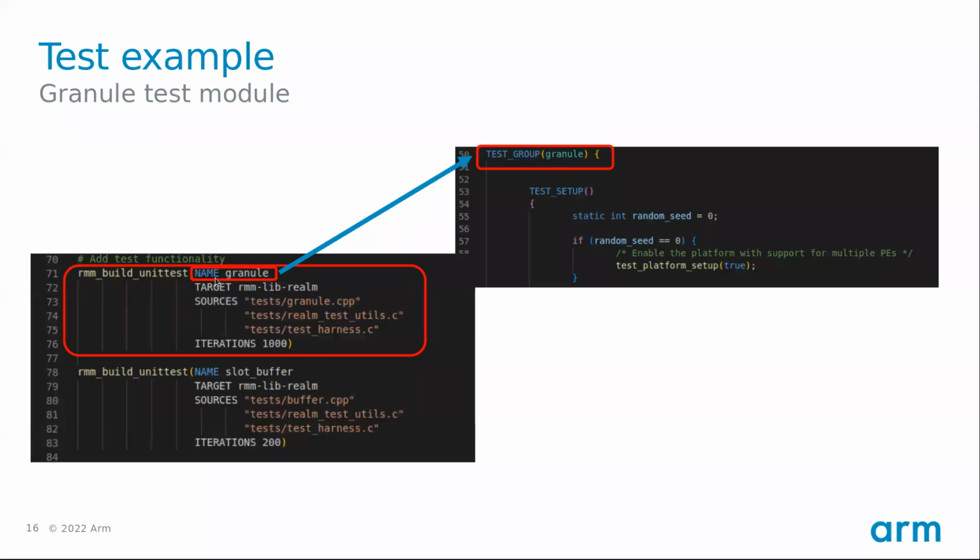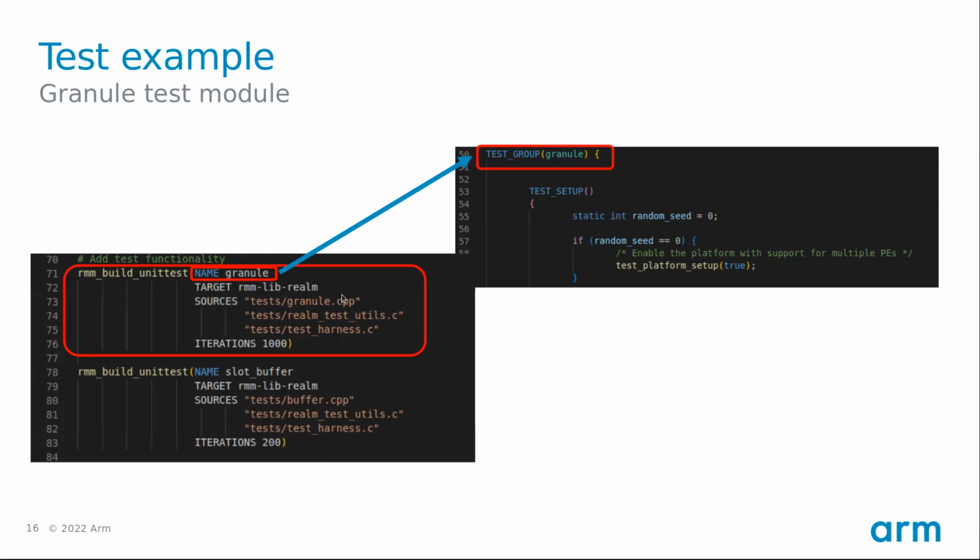One of the most important is the name of the test. This name must match the name of the test group in the unit test. For all of you familiar with CPP utest, you know that the tests are grouped. So this granule here must match the test group in your unit test.